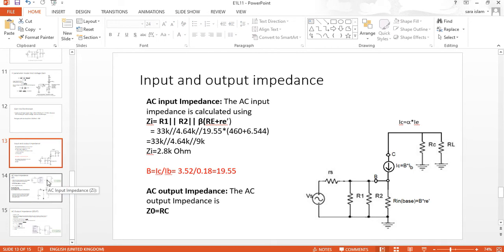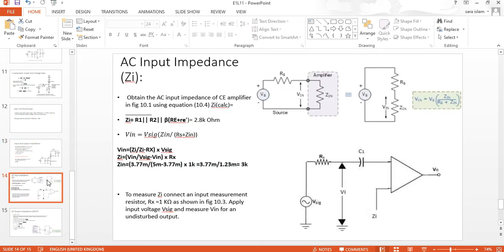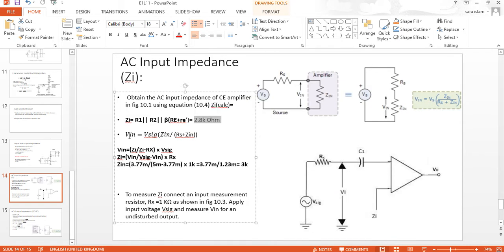It means by theory our output impedance is 1.7 kilo ohms, but we can also find it with the help of lab procedures. How will that be done? You know by theory that your input impedance is 2.8 kilo ohms. We also know that when we apply a Vin, it is related to V signal, because normally any non-ideal source doesn't provide the full voltage, there is a source drop element.